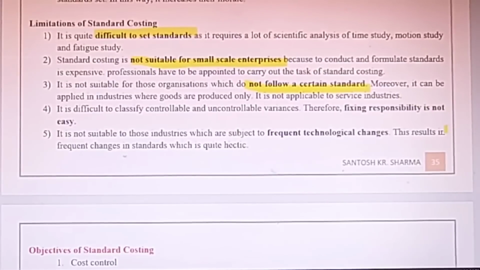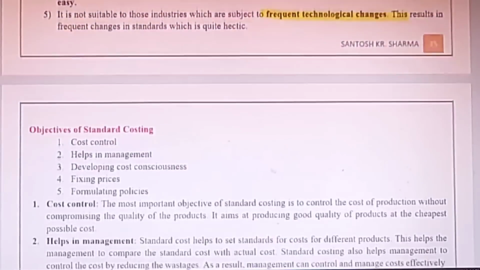So every time you just can't follow the same standards, and it helps to fix the responsibility. So that is not possible. In fact, on the basis of standards, we cannot fix the responsibility. Then there are frequent technological changes. So that means we need to change the standards every time.